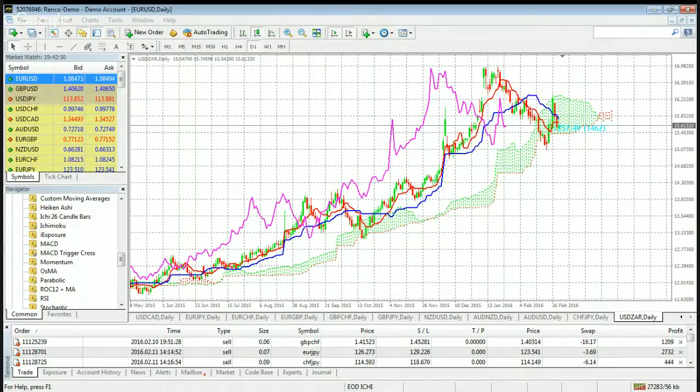So remember, whenever the rand weakens, if you've got foreign currency, that's when you're smiling. That's why it's always important to have foreign currency accounts as well. And that's the nice thing about trading forex. Your account gets held in dollars. As soon as you deposit your money, it gets converted to dollars.